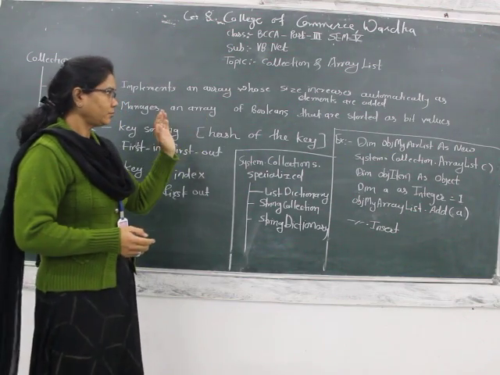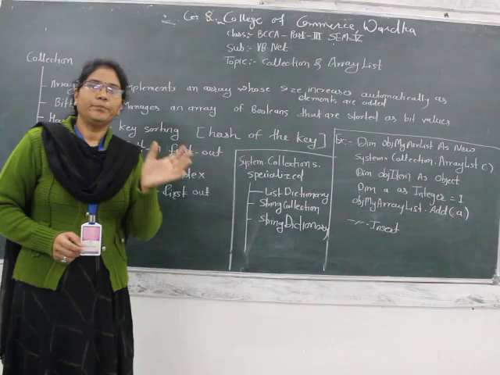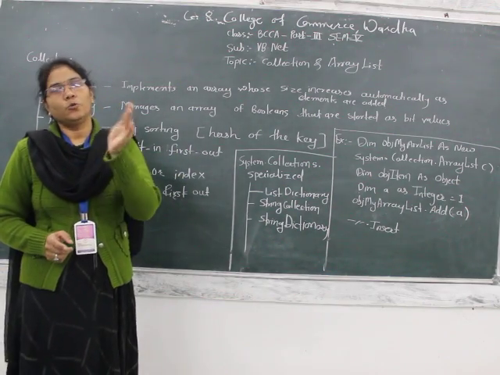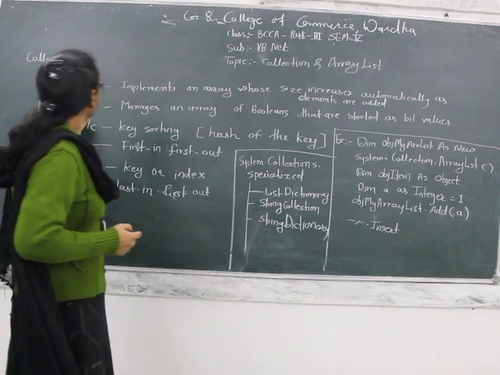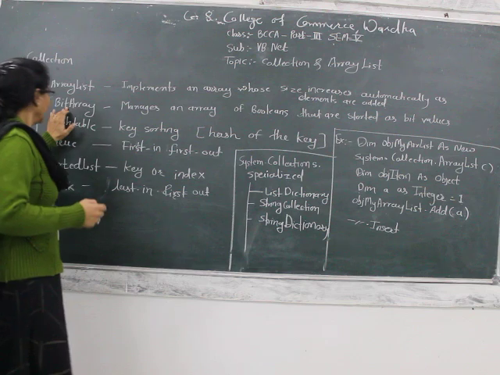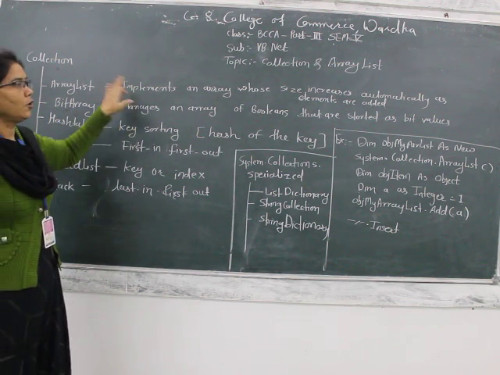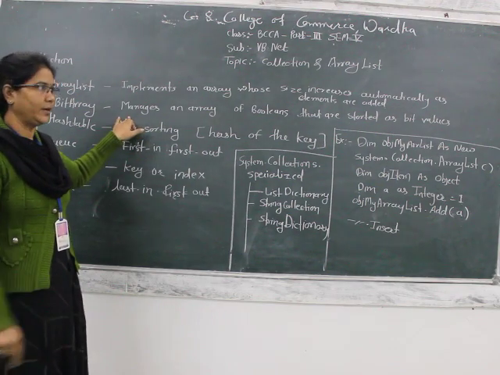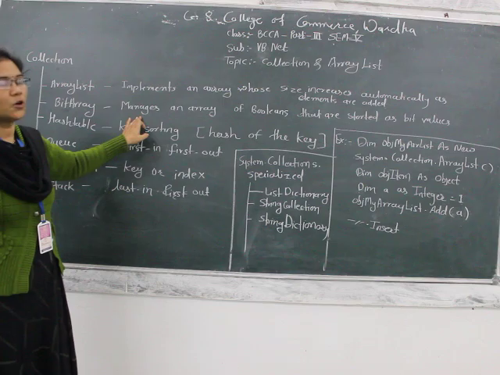That means we are storing our values in bit format, and that bit format will be sorted. So bit array is one of the classes in the collection. It manages elements which are stored as bit values, in sorted order.